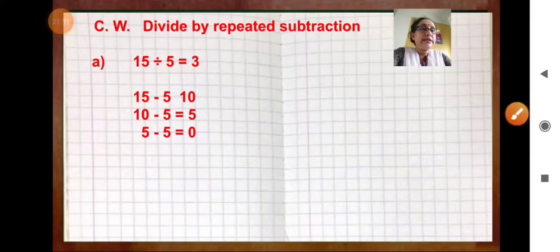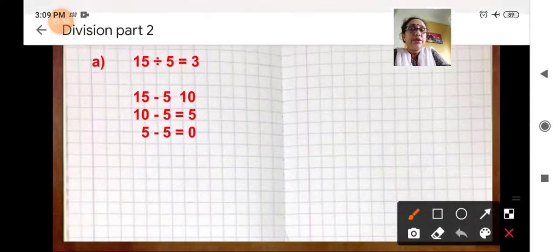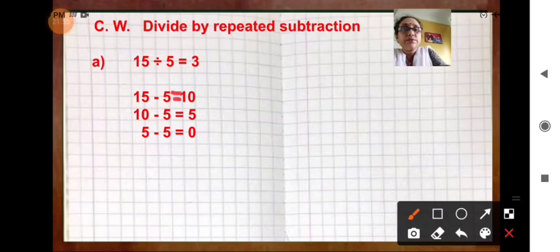You are getting 10. Okay. Put the sign of equal to. Okay. Then 10 minus 5. 5. And 5 minus 5. We are getting 0. Finished?